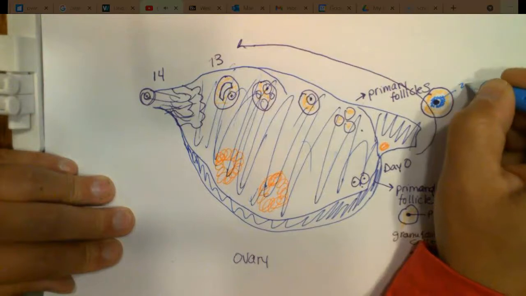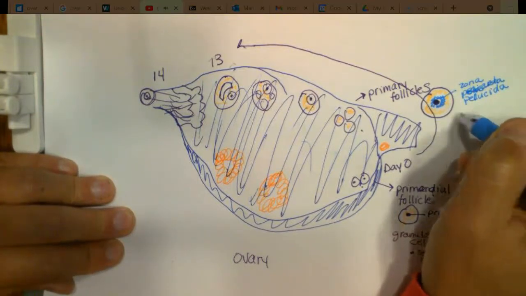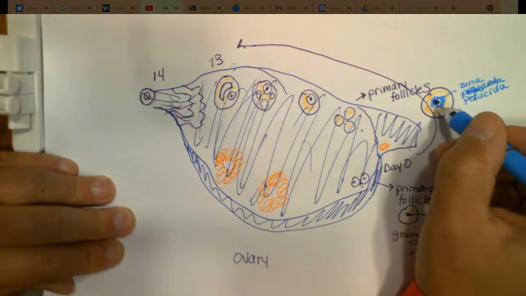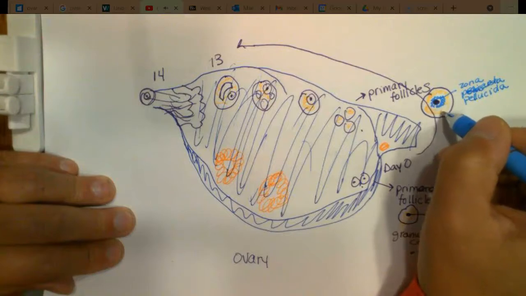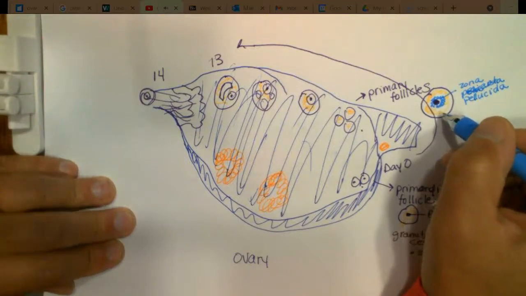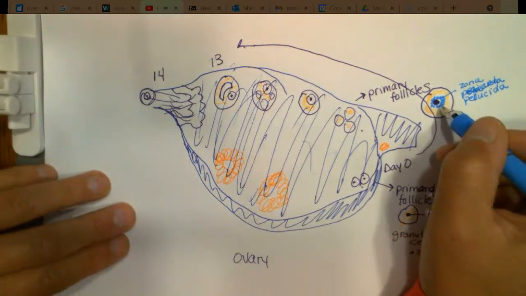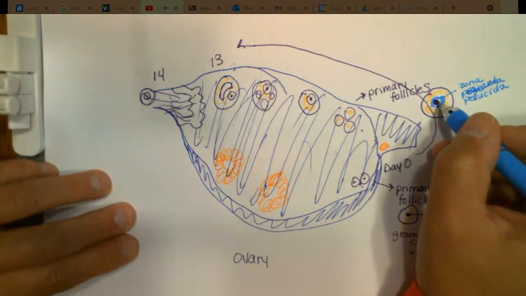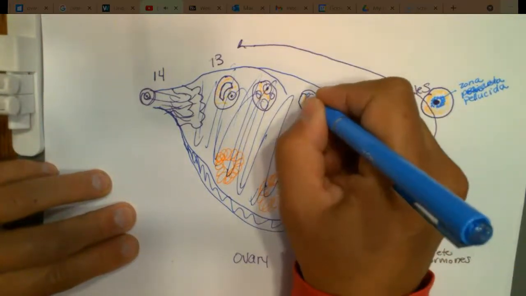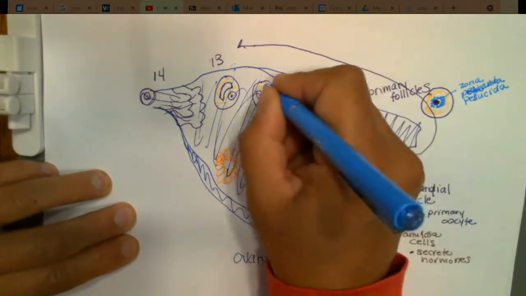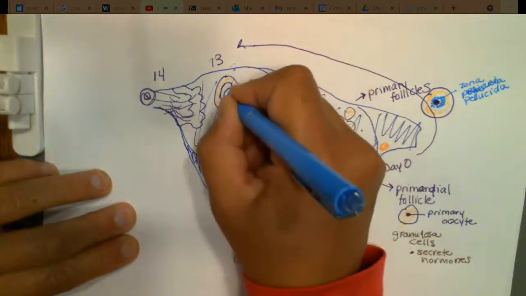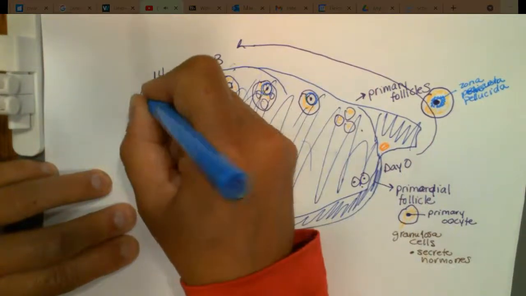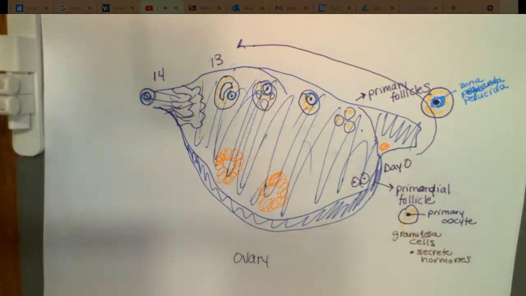The zona pellucida has little gaps that still allow those granulosa cells to nourish the oocyte. This layer will stay around the oocyte all the way through the rest of this process. It will never disappear, and it lies in between the granulosa cells and the oocyte.